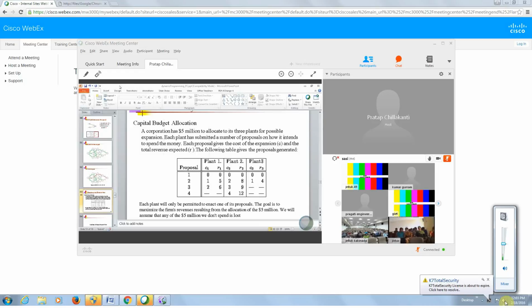Who has attempted to do this problem? The budget allocation problem. You all got busy watching some nice movie maybe, or you were too busy with other classes, right?